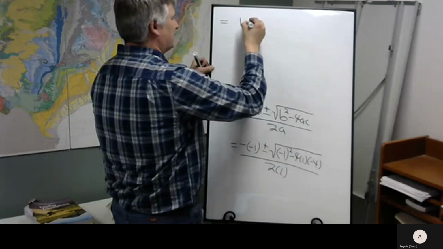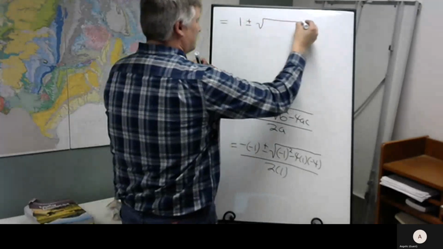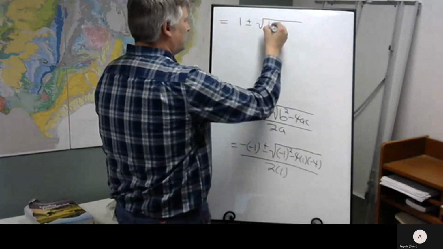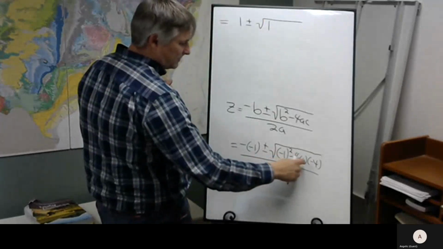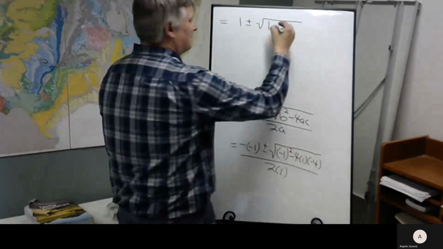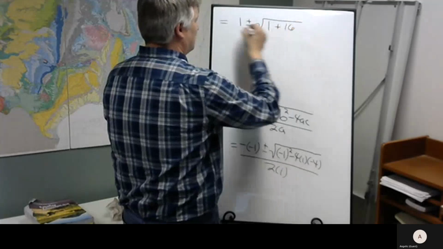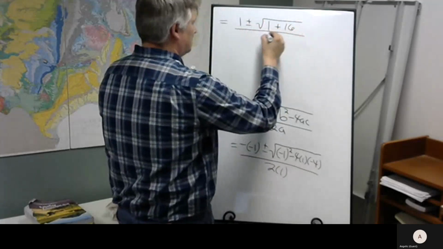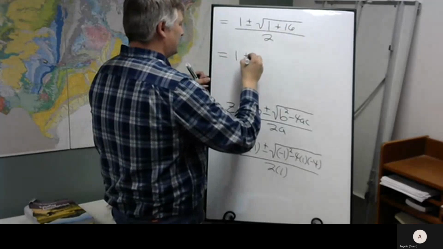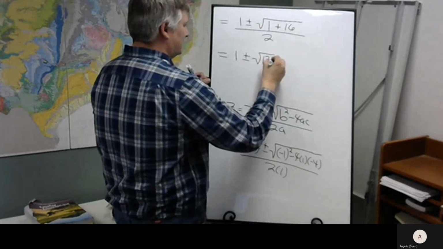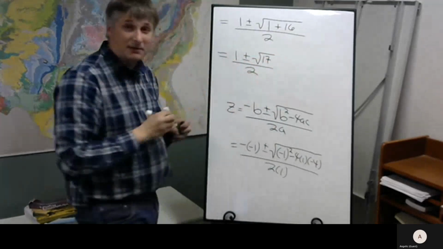So this will become 1 plus or minus. This will be 1. Minus and minus is positive, and then 4 times 1 times 4 is 16. And then divided by 2. Or 1 plus or minus the square root of 17 divided by 2.